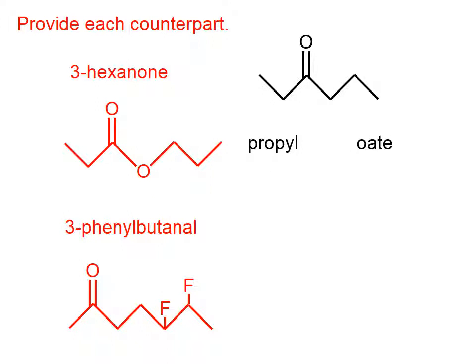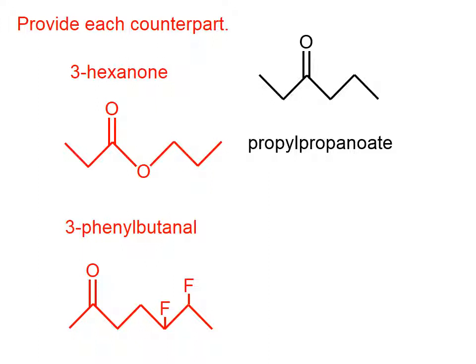So this is propyl, and then we name the rest of this, 1, 2, 3 carbons, propanoate: propyl propanoate. The first propyl refers to what's connected to the oxygen, and then the propanoate is the 3 carbon chain that starts with carbon number 1 being the carbon in the carbonyl group.